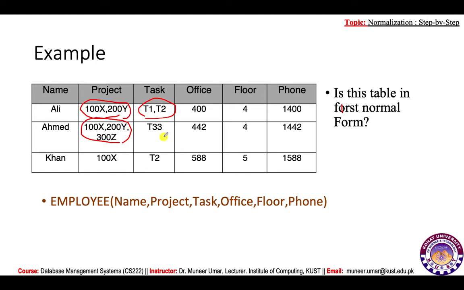Due to these multi-values under attributes, we can say that this table is not in first normal form. So we must convert this table into first normal form by eliminating these multiple values under columns.